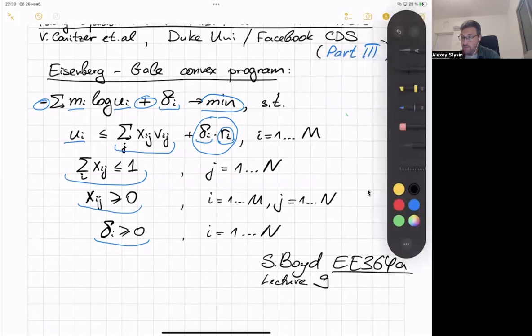There is a set of rules for how we derive the dual. To do that, we first need to rearrange this into the standard form for convex optimization.